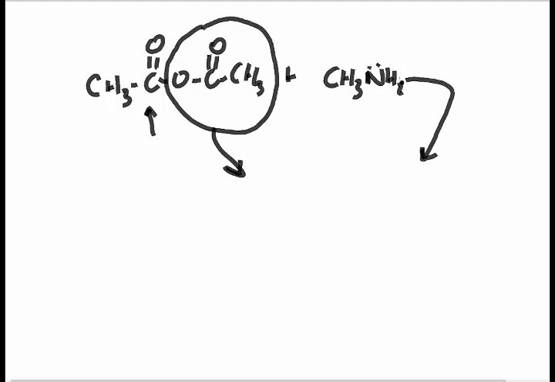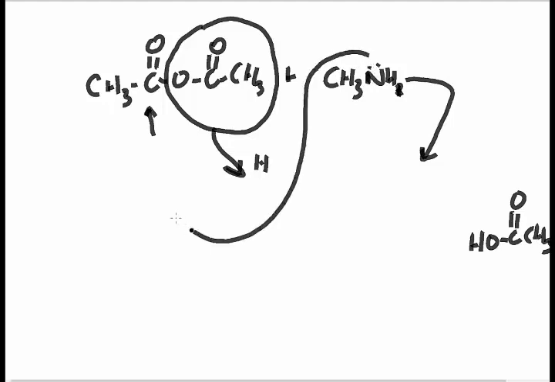It's going to hook up with one of the hydrogens here. So, all right, one of the hydrogens here, and the byproduct would be this. All right, and form a new bond between the nucleophile and that carbonyl carbon.